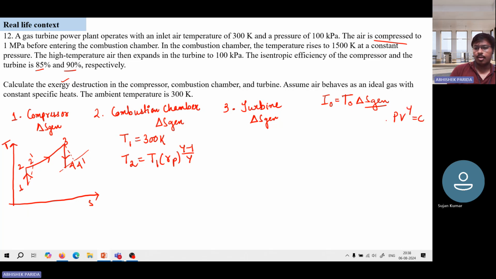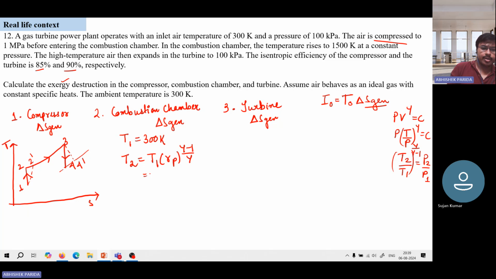In place of V, you substitute T by P. So T2 by T1 is equal to P2 by P1 to the power gamma minus 1 by gamma. When it goes to the other side, it will be opposite.